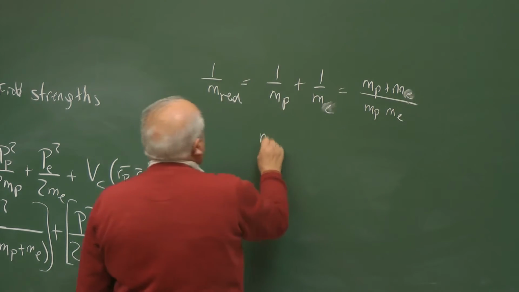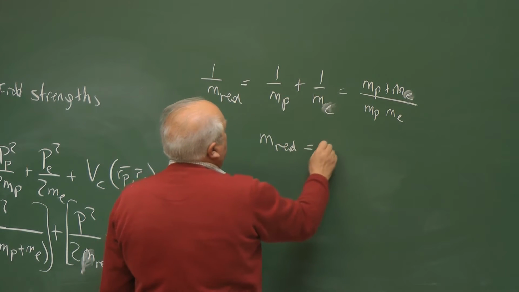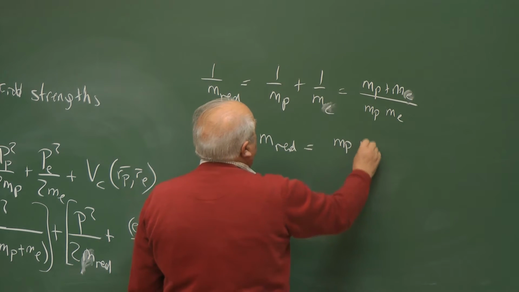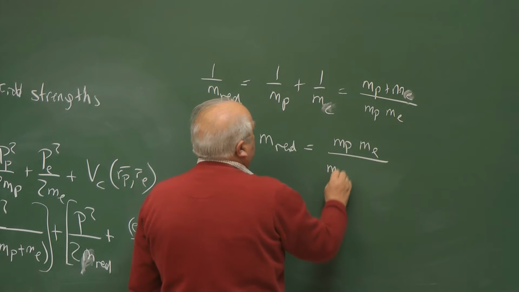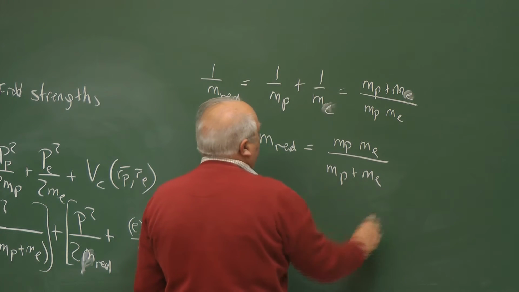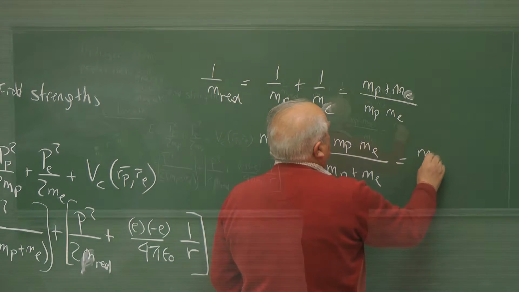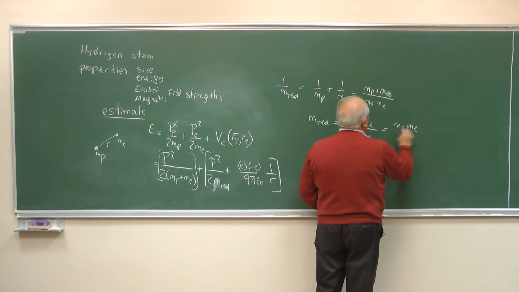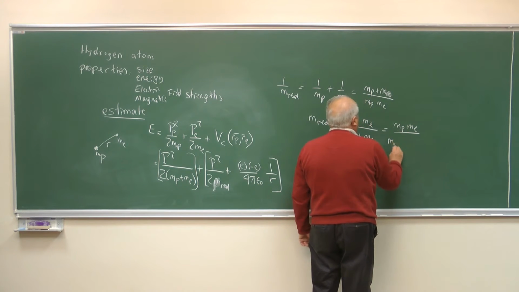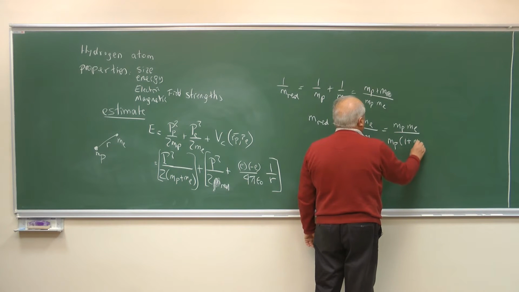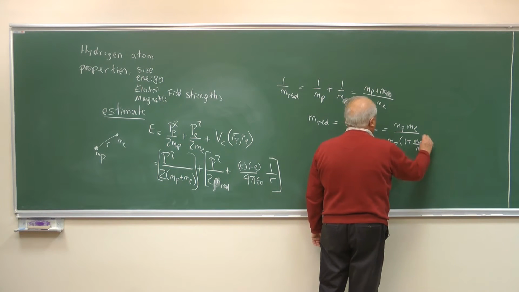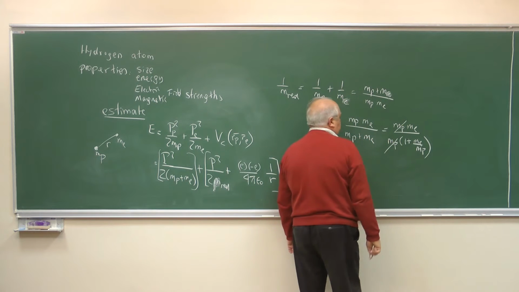That means m reduced is m proton m electron divided by m proton plus m electron, which I can write as m_e divided by 1 plus m_e over m_p, so this cancels.